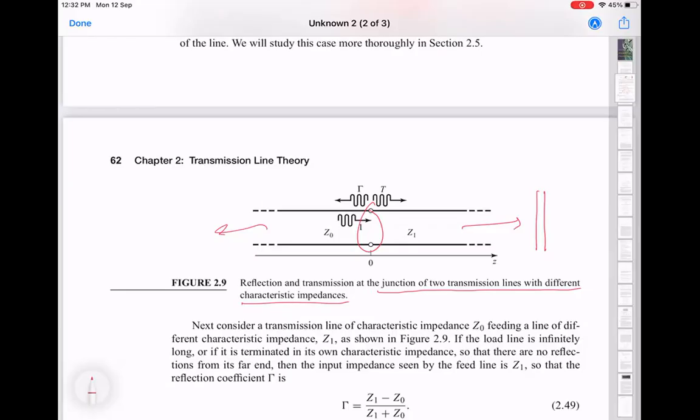One practical way of ensuring, of course, that this wave here never comes back is to put a termination here. So some load R, which is equal to Z1. Because that would be a matched load. And then this transmitted wave will get absorbed here.